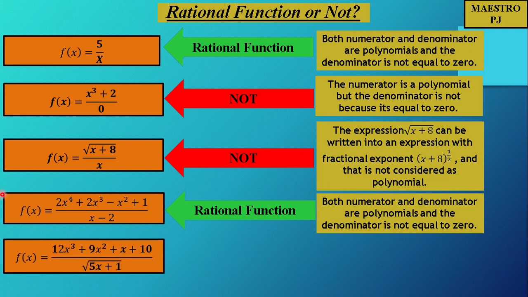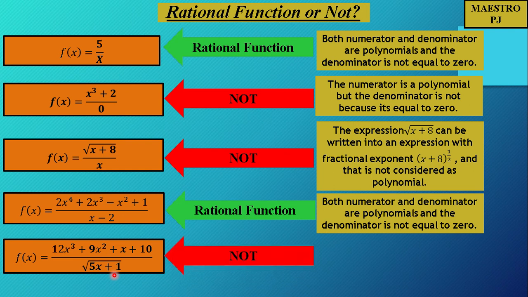Last, f of x is equal to 12x cubed plus 9x squared plus x plus 10 divided by the square root of 5x plus 1. So, example ba to ng rational function o hindi?